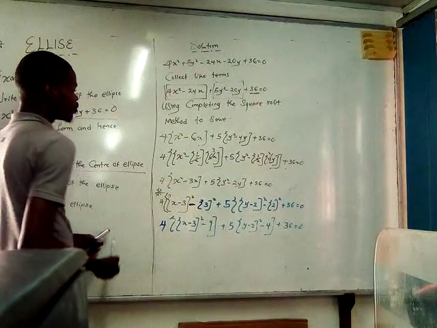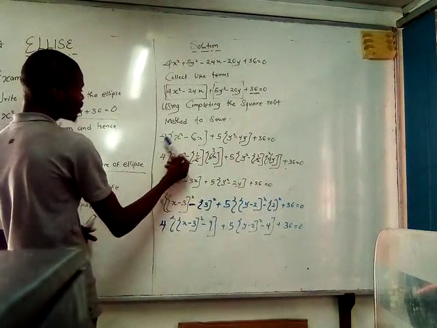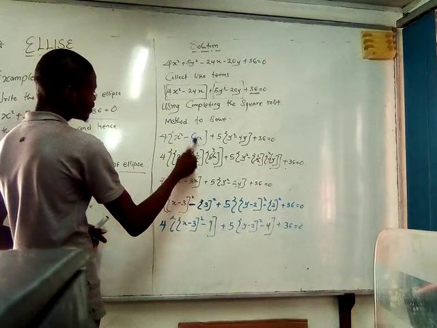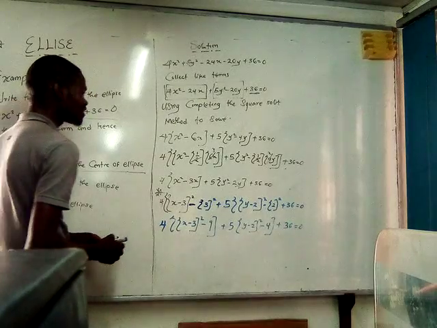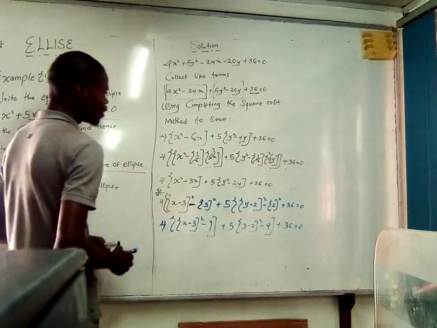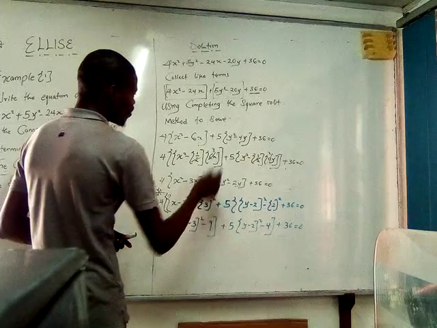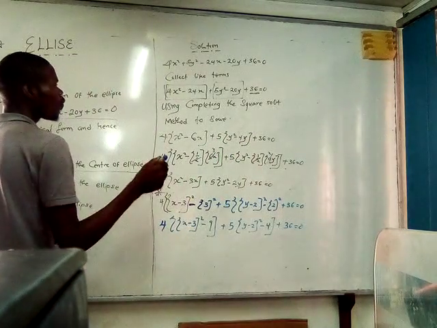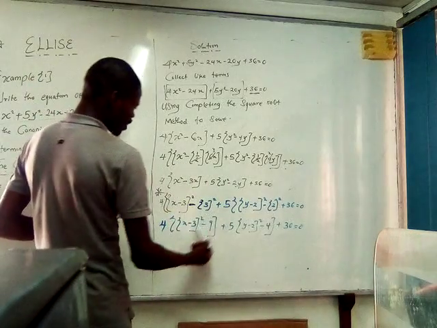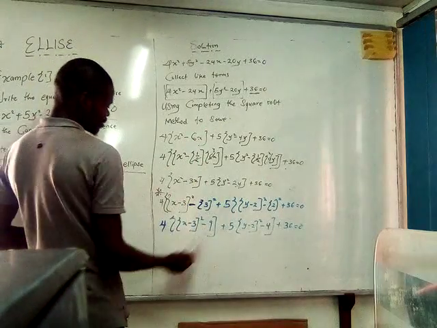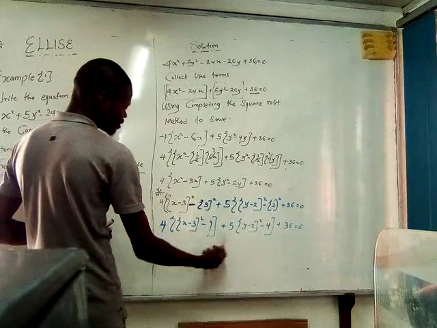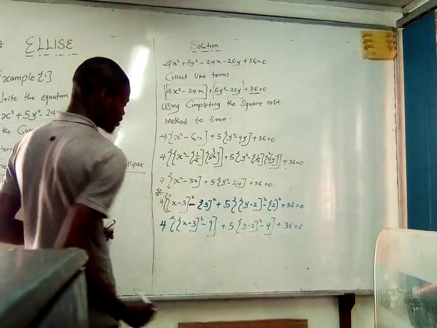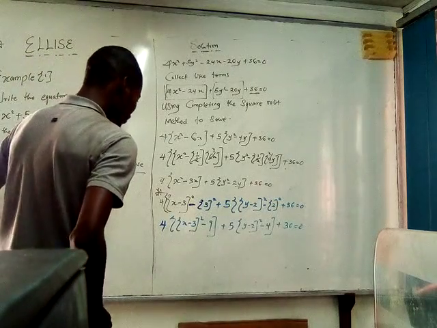So don't forget, 4 times x squared is 4x squared. 4 times minus 6x is minus 24x. 5 times y squared is 5y squared. 5 times 4 is 20, minus 20y. So that's how we factorize. So this 4 and this 5 is affecting everything in this bracket and in this bracket. So we are going to move on.